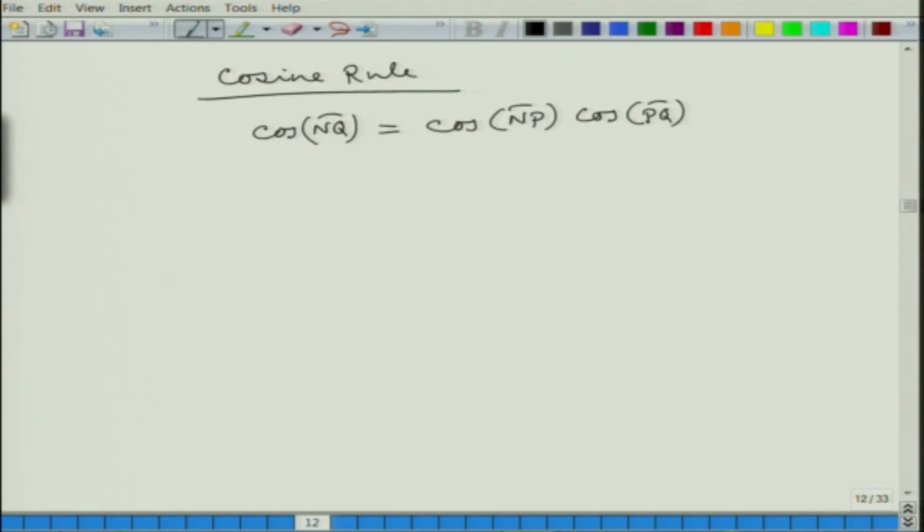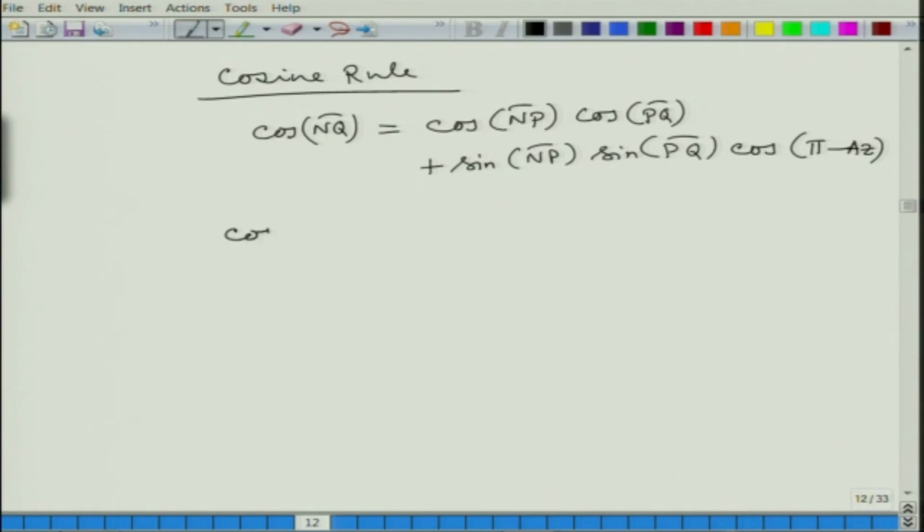So, this arc on the surface, that means it is a central angle, plus sine of NP sine of PQ multiplied by the surface angle, which is cos of pi minus Az.